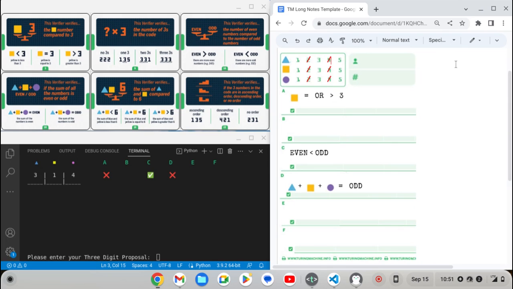So that means square cannot be a 1. So we're down to either 3 or 5 for square.